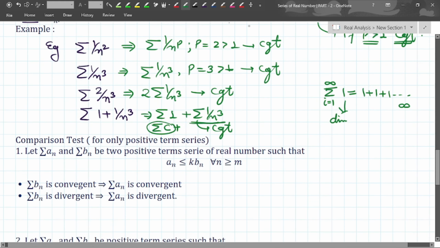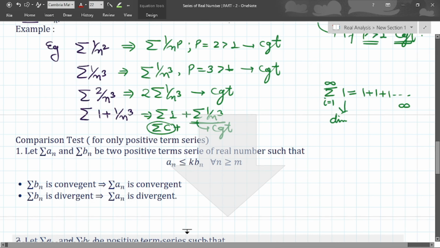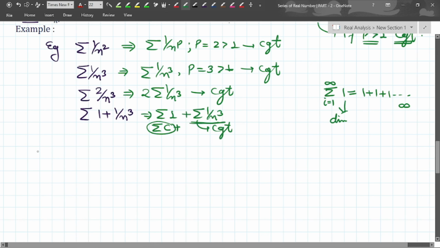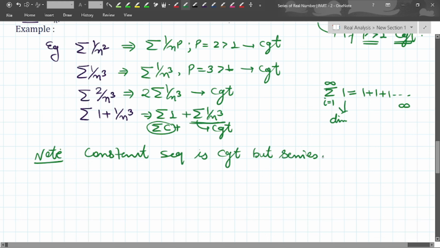Now you can take a note from here: a constant sequence is convergent, but a constant series is divergent.